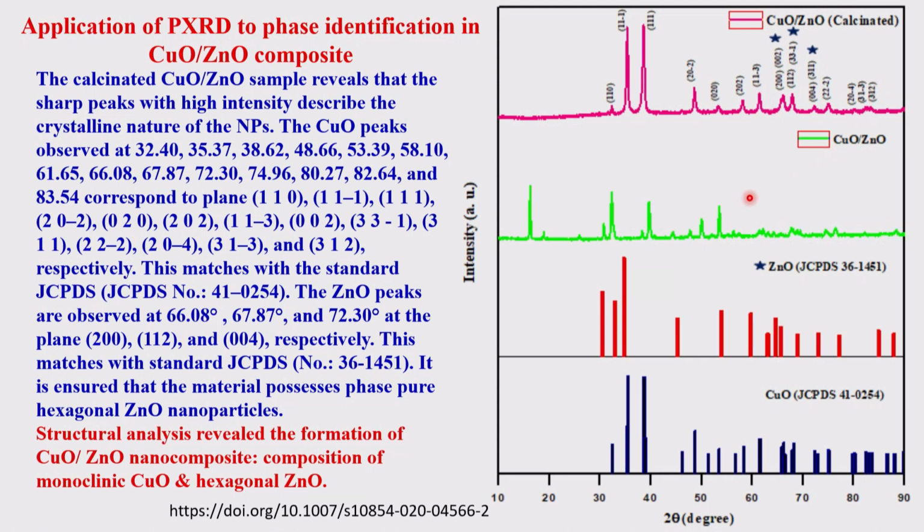So the monoclinic and hexagonal phases are still retained even after the composite is formed, and now the composite is used for some application. That is how XRD can help identify what is there in the composite, in what form these individual components are present, and therefore what one can expect out of them.